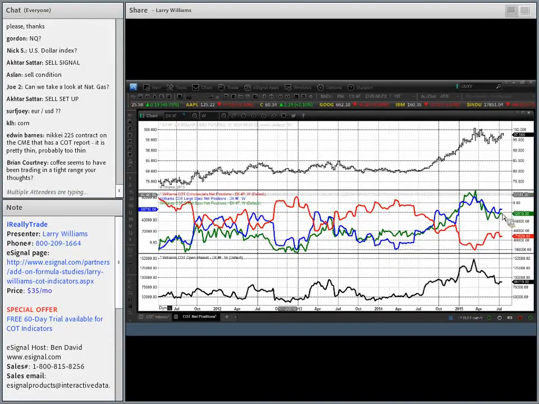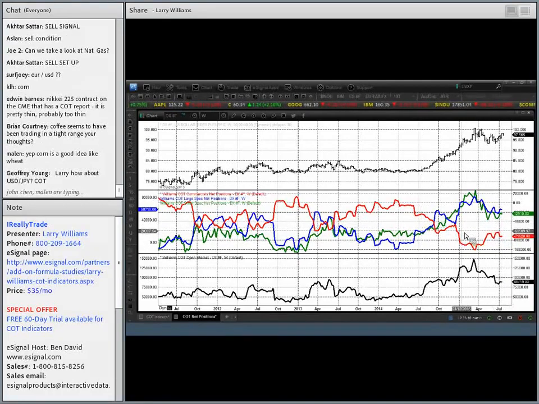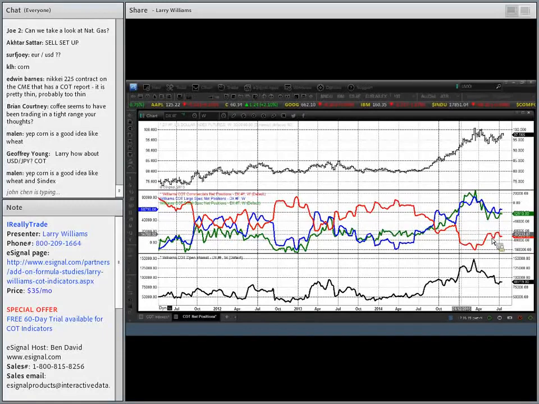So where are we right here, right now? Right here, right now, open interest has come down, but are we seeing a lot of commercial buying? No, not a lot. We could go to the COT indicators because, another point, in a big uptrend, if the commercials start to buy weakness in an uptrend, that's very bullish.